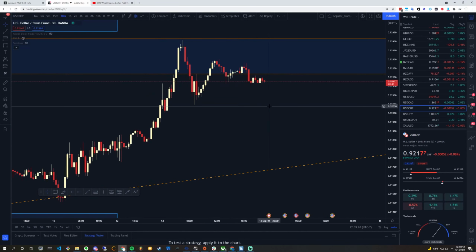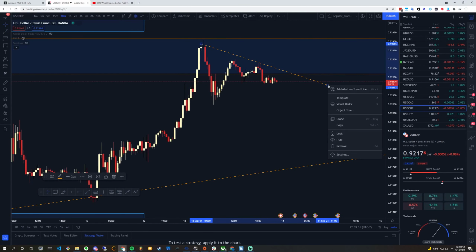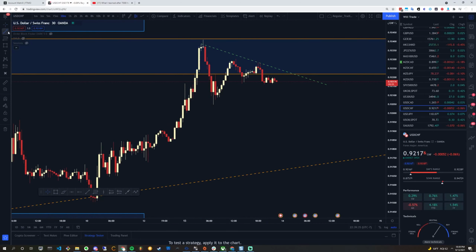But one thing that I can say is that on the 30-minute, we are making lower highs, right? We're making lower highs here, and we're also making, so far, higher lows.